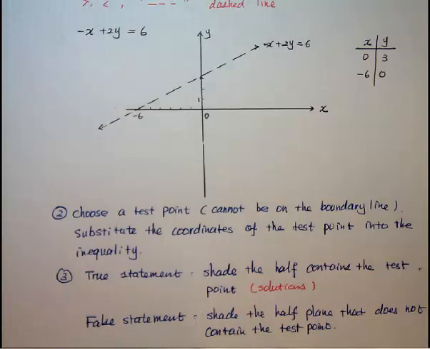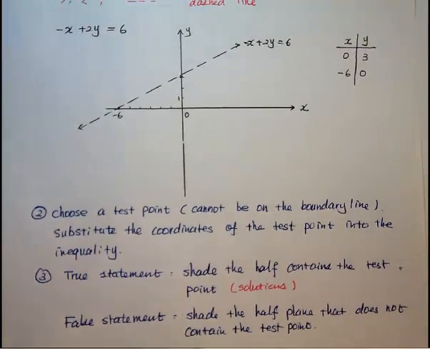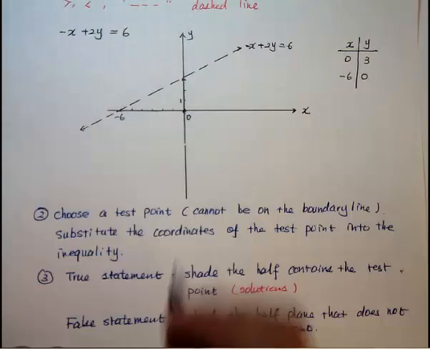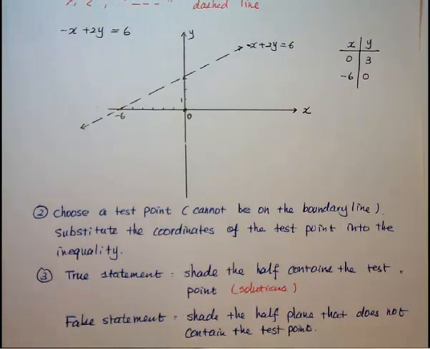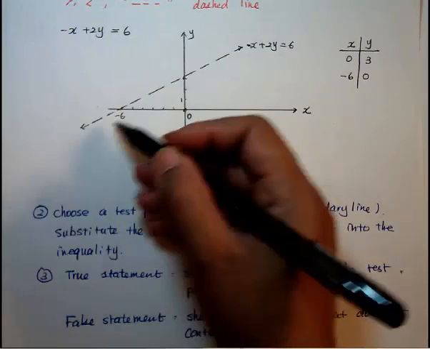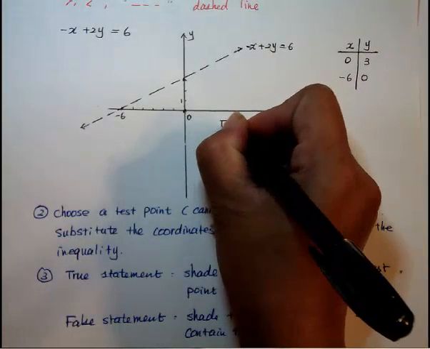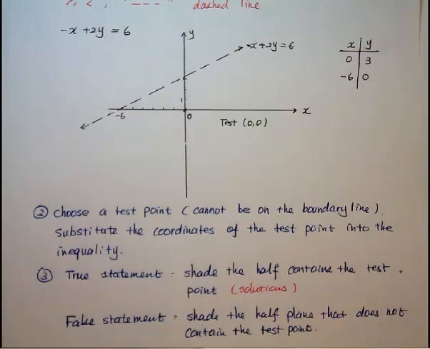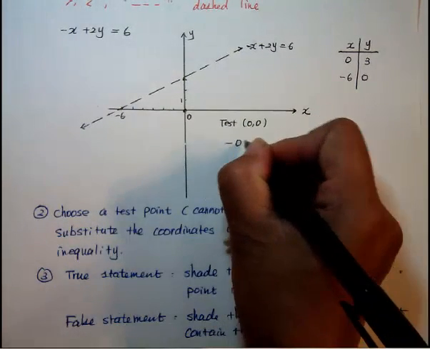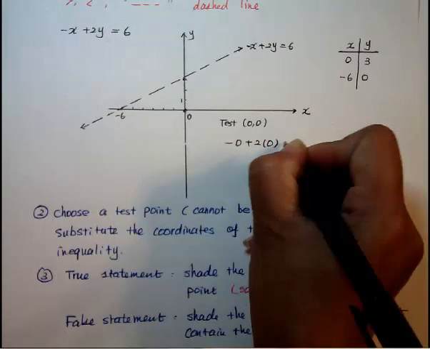Okay, now let's come back to our problem. The origin 0, 0 is always my favorite test point if it is not on the boundary line. In the graph, I can clearly see 0, 0 is not on the boundary line. So I'm going to test 0, 0. Put that into the original inequality, negative 0 plus 2 times 0 greater than 6.